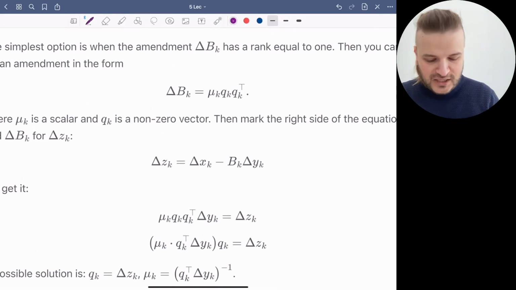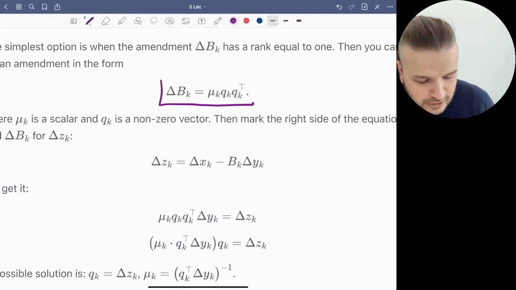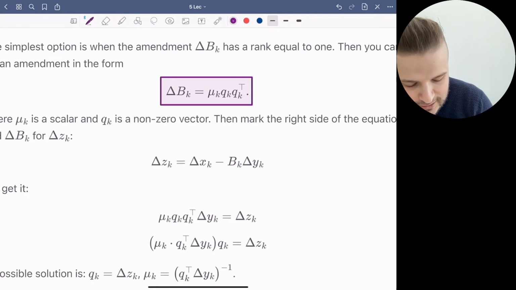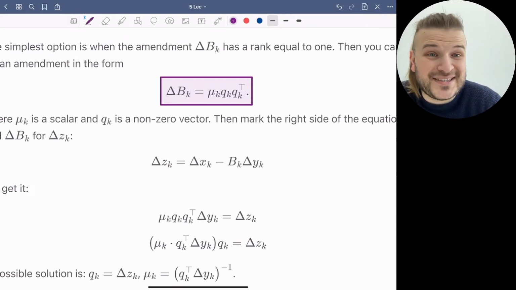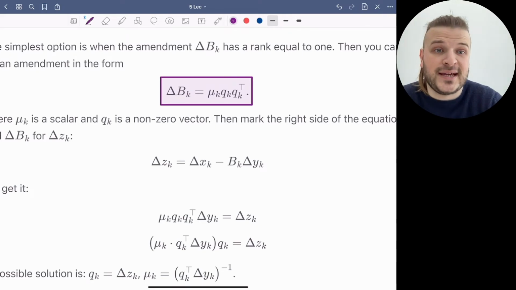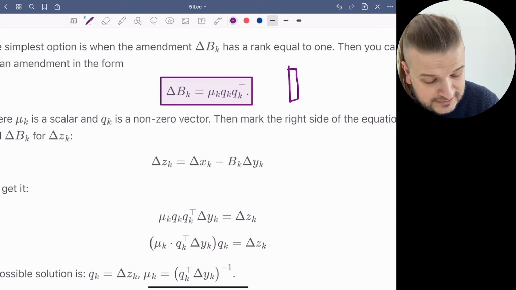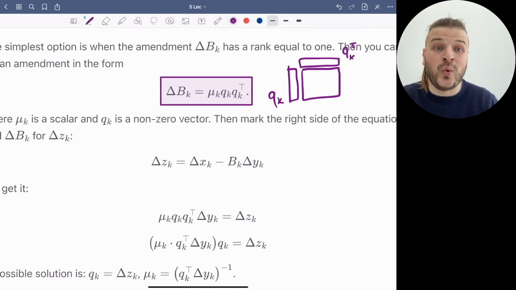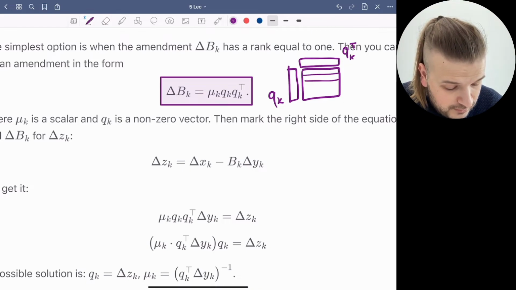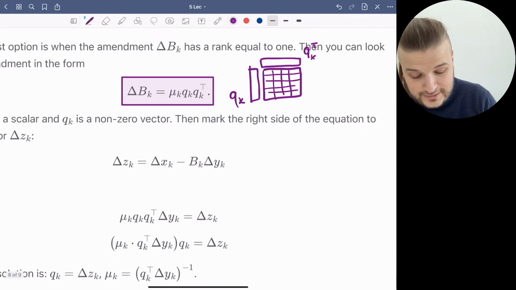So what if we look for the delta bk as this expression, where mu is some scalar and qk is some vector, which means that you'll have this qk and qk transpose, and you'll have a matrix which has rank 1, which is called the outer product of these two vectors. That's n times 1, 1 times n. You'll have as a result n times n.